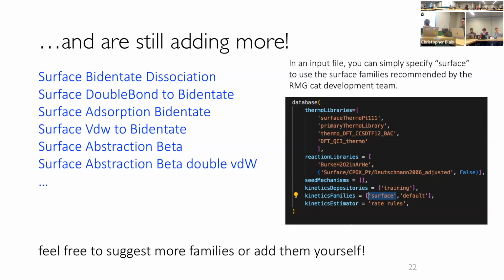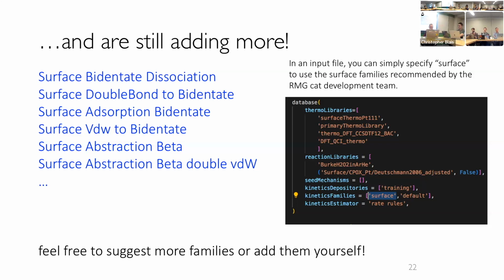One little thing is when you're putting together an input file and you're specifying where you're getting your thermo and reactant stuff. Within the database block, along with the default families, we've also specified recommended surface families.